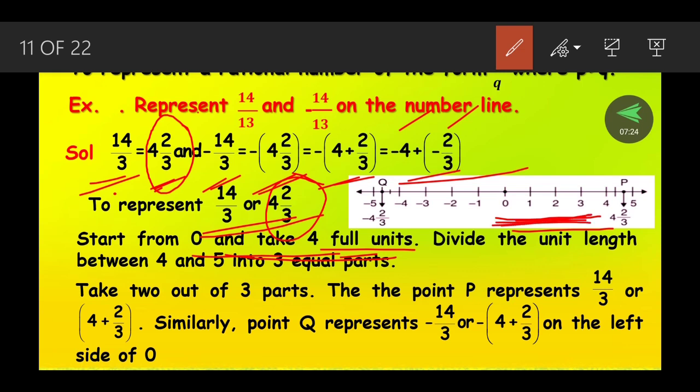After 4, because we have 4 2 by 3 here, the value is more than 4. How much more than 4? 2 by 3 parts more than 4. So after 4, between 4 to 5, this part is to be divided into 3 equal parts.